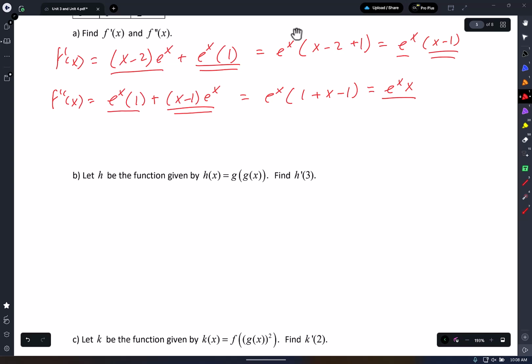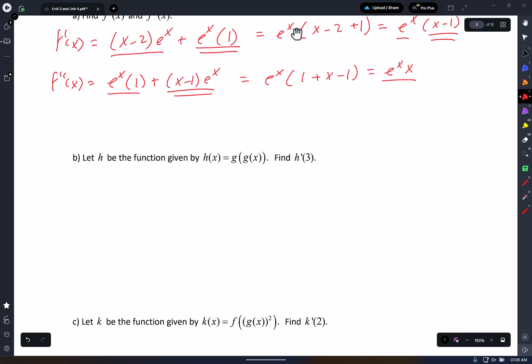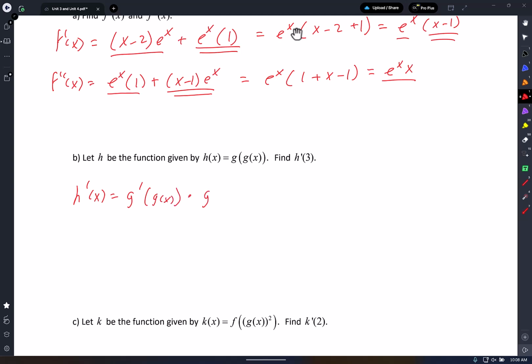Let h be the function given by, so they give you the function, and they want you to find h prime of 3. So you're going to have to do chain rule, guys. H prime of x is equal to the derivative of the outside, g prime, leave the inside alone, times the derivative of the inside, g prime of x. All right, so there it is. I'm going to go ahead and find h prime of 3. So g prime of g of 3 times g prime of 3.